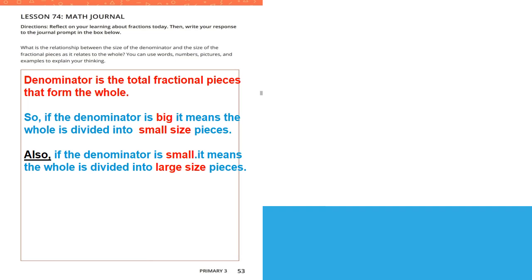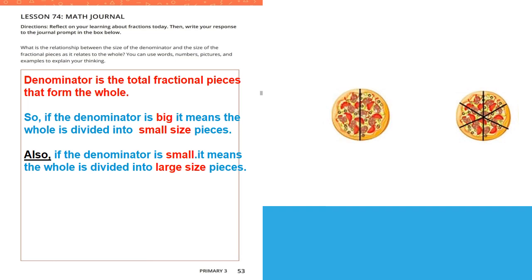Our math journal for lesson 74. What is the relation between the size of the denominator and the size of the fractional pieces as it relates to the whole? We know that the denominator is the total fractional pieces in the whole. I have here 2 pizzas. One pizza is divided into 6 equal parts and one pizza is divided into 2 equal parts.